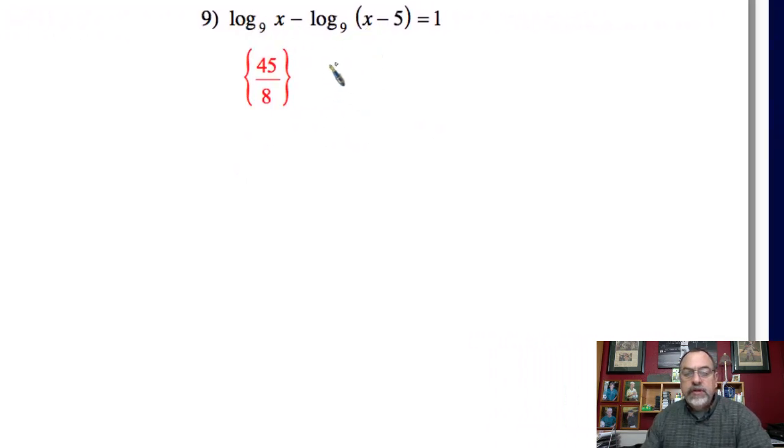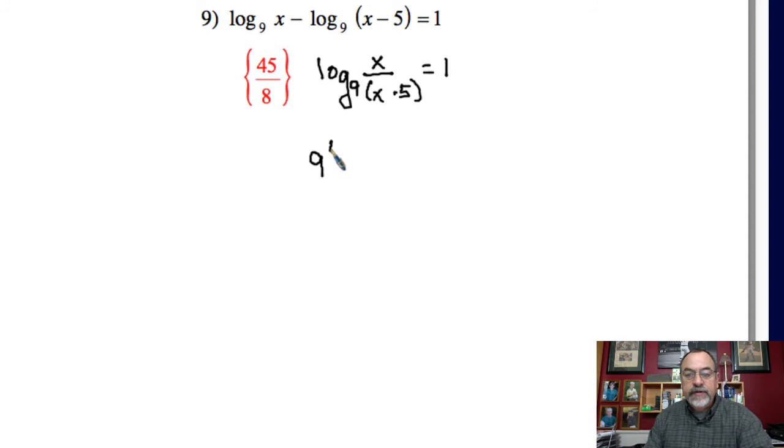Alright, the logarithms are on one side, so we'll use our properties and get them together. So log base 9 of x minus means divided by, and then I have x minus 5 in my denominator is equal to 1. Now that it's a single logarithm, the inverse exponential, so the base here is 9.